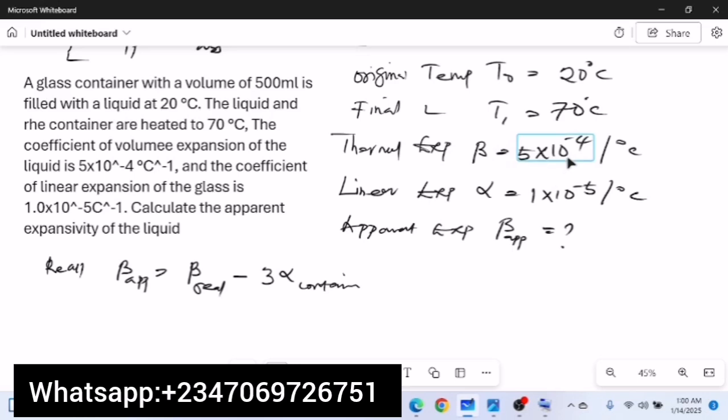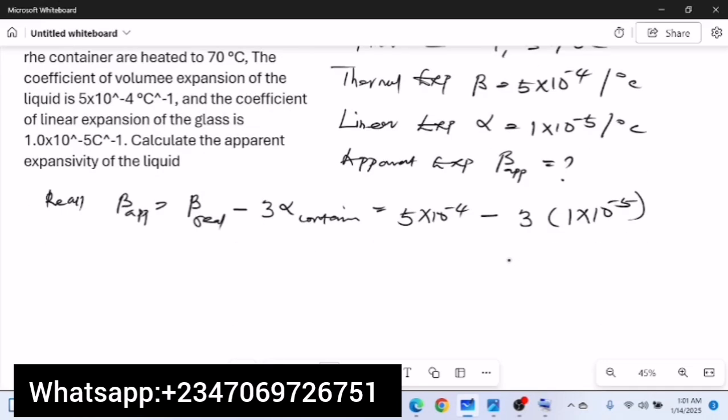And mind you, in this case, you don't need to convert to percentage because you're simply subtracting. So you can simply leave it like that. So that means this is going to be equal to the real expansivity, which is 5 by 10 to the power of -4, minus 3 times the linear expansivity of the container, which is 1 by 10 to the power of -5.